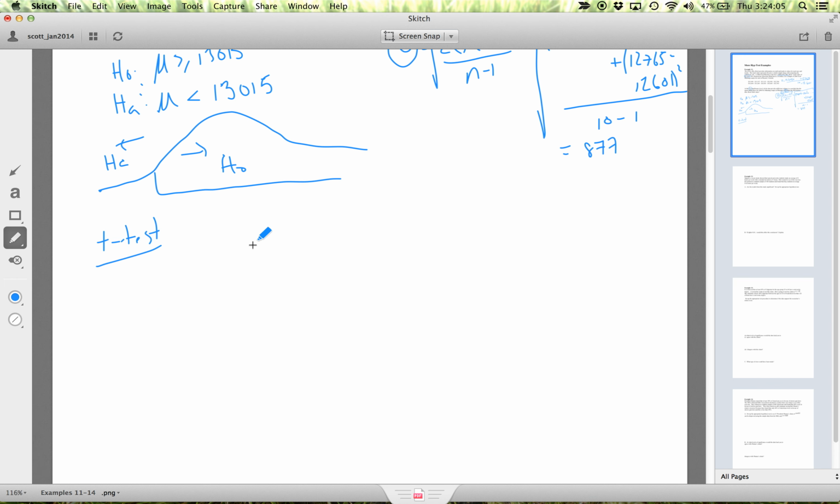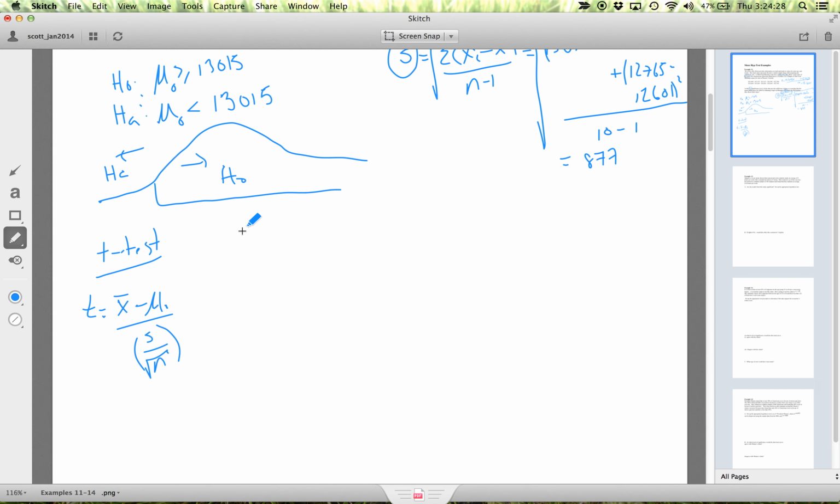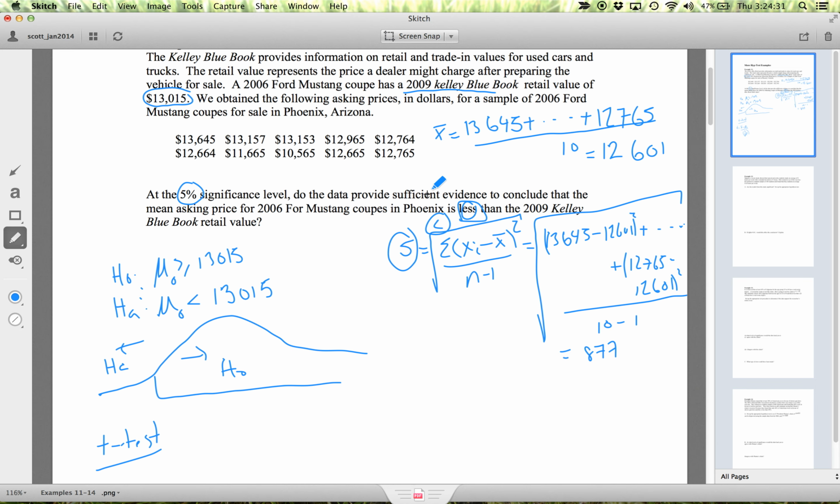To find the t-test statistic, remember we use this formula: x bar, subtract the hypothesized mean, which could have a sub-zero here, divided by the sample standard deviation over the square root of n. X bar is the average that comes from our sample.